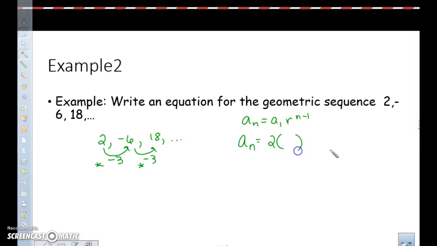What's our common ratio? What are we multiplying by? Negative 3, and then n minus 1. And then we stop. That is our equation. That's the only thing that you have to do. There's no simplification that has to be done for writing the equation this time.